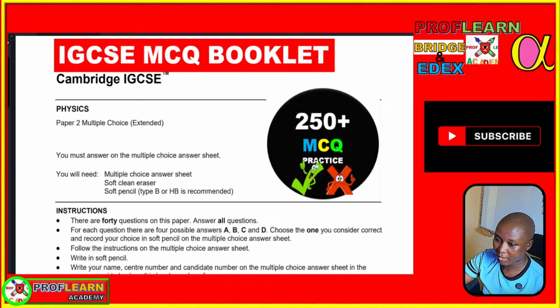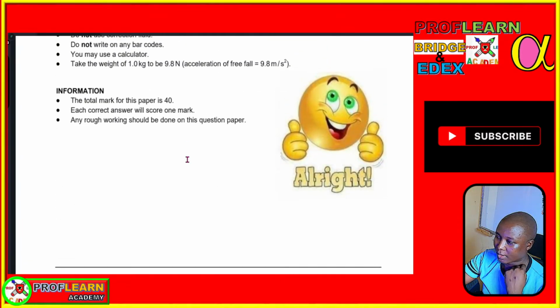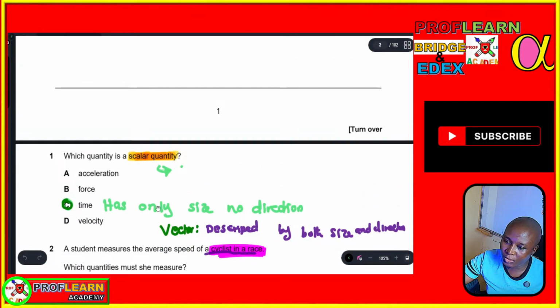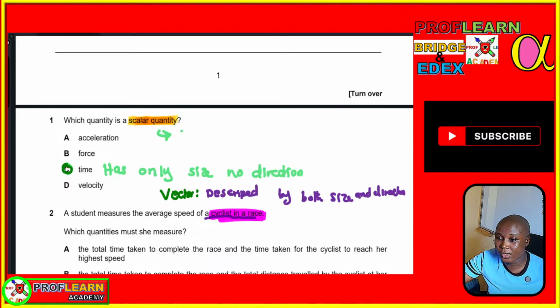Let's get started. In this case, we are going to look at the first question: which quantity is considered a scalar quantity? You need to understand that scalar quantities are those quantities which have only size, which can be described only in size.